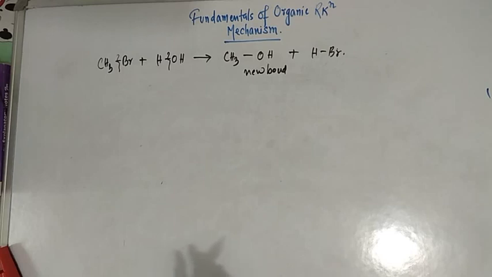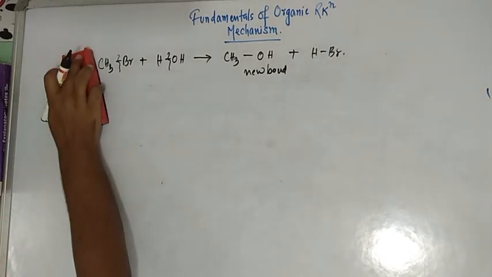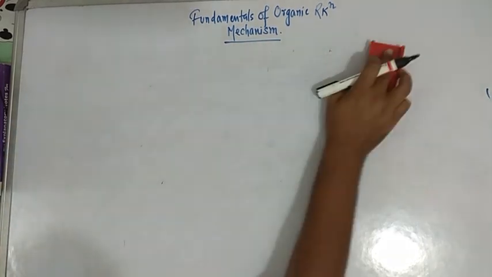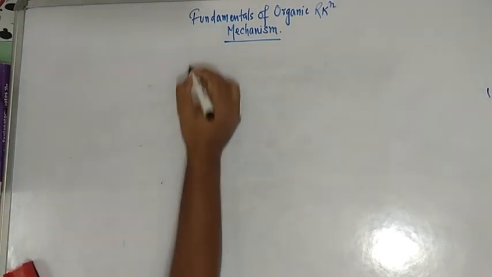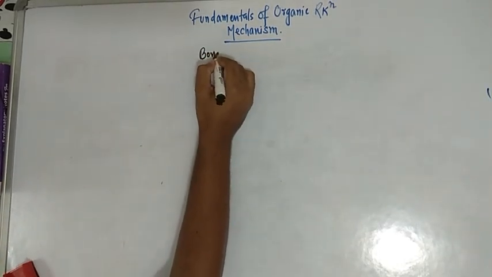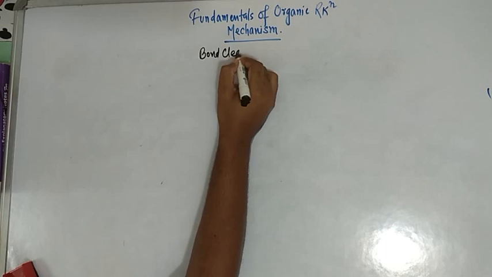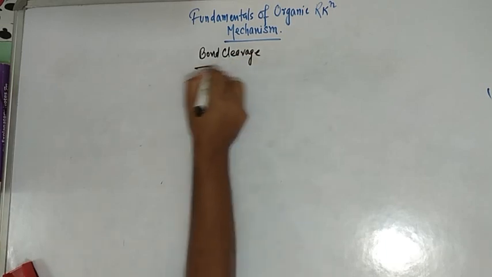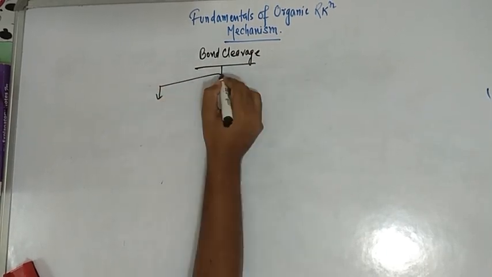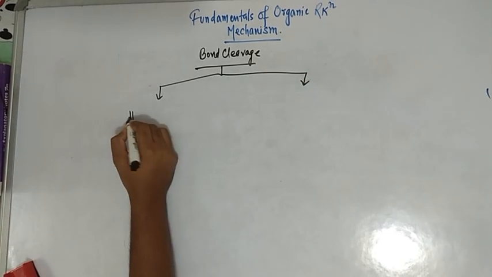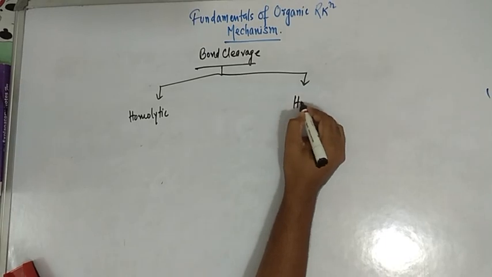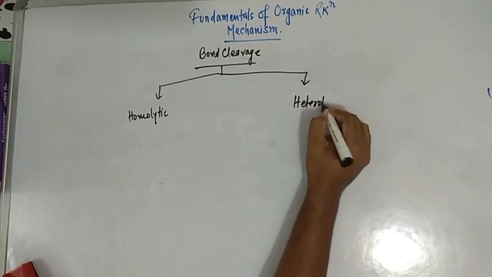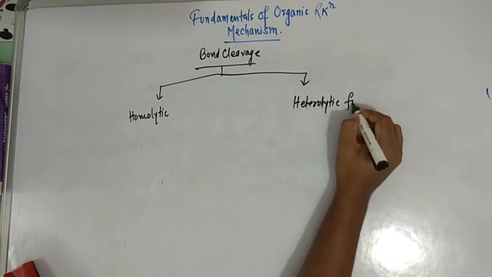So let's now move towards this bond cleavage. In organic chemistry, bond cleavage is broadly classified into two types. One is homolytic fission, another is called heterolytic fission, right?